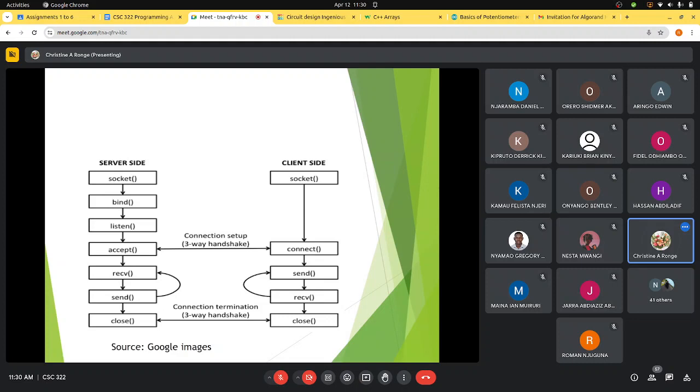So the client begins by sending. You notice here there's this arrow coming down from the command. So the next command in your program should be what the client program should send. This will be the next statement after the connect statement.